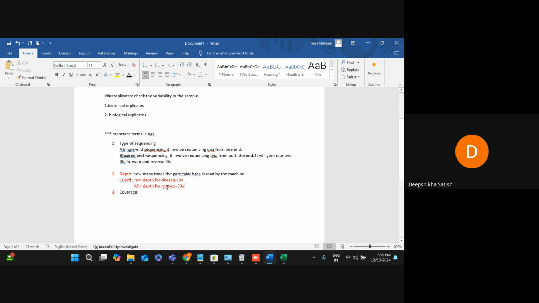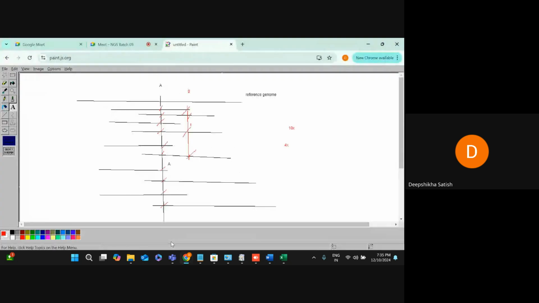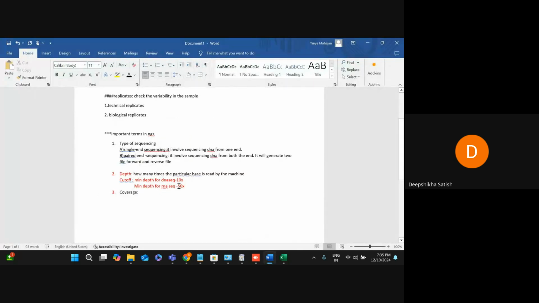Okay. Actually, this will give you better confidence. So if, for example, you are having the reference based data and you are having the 10x, 4x depth, at that time you have to neglect those reads, sir. Because our cutoff is more than 50x, sir. Minimum depth should be 50x, sir.